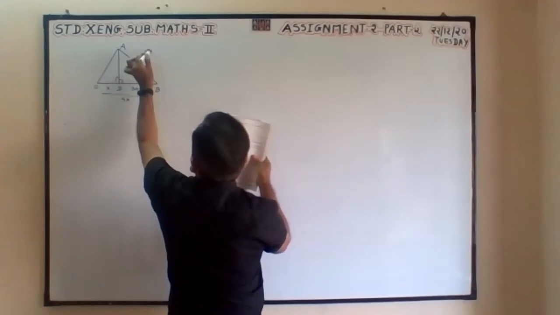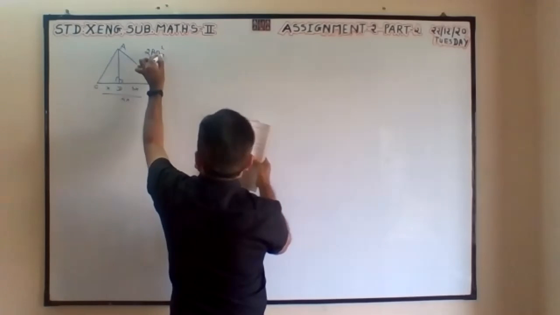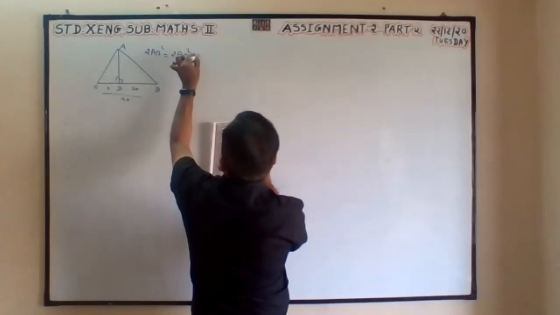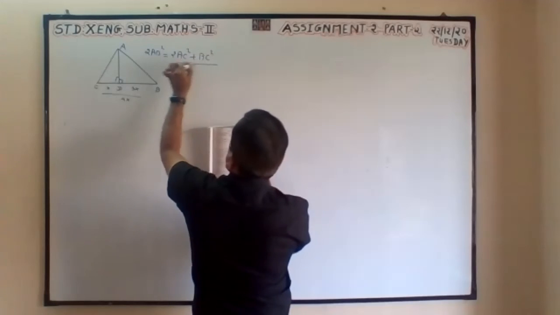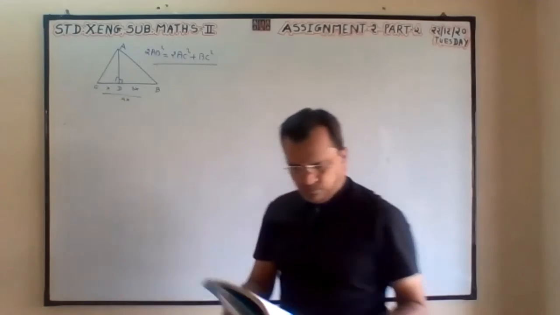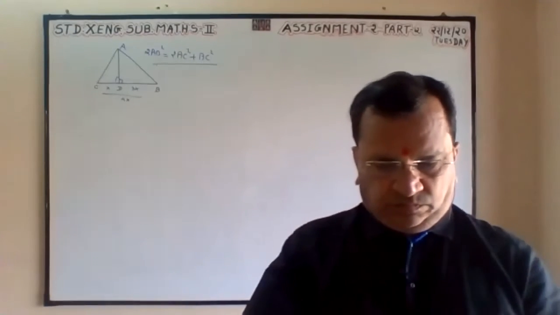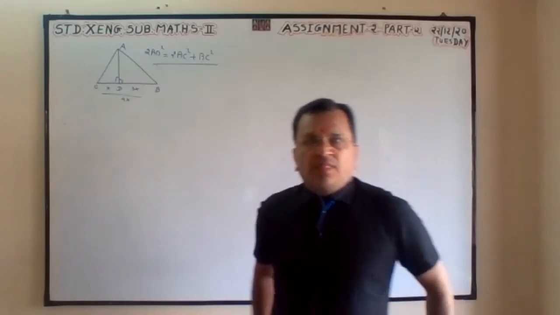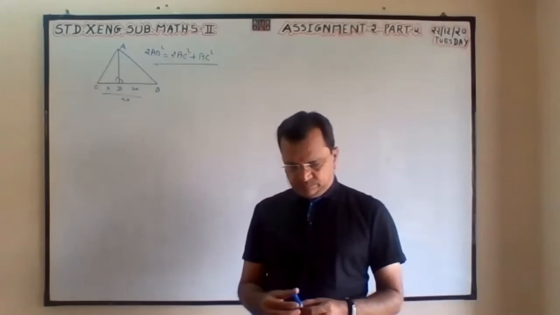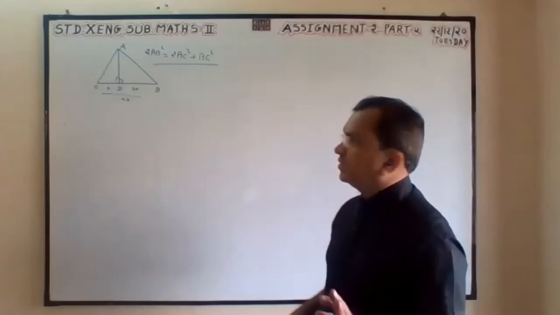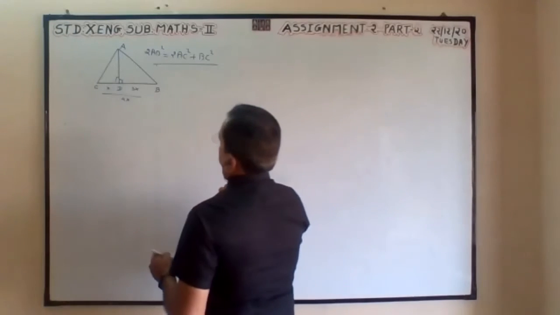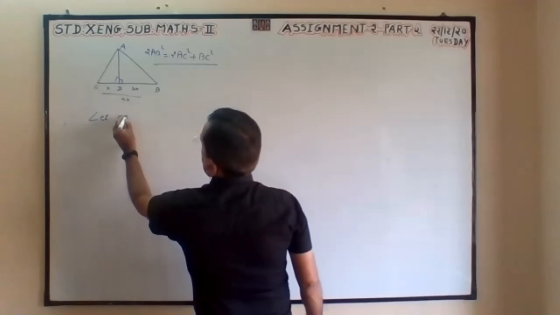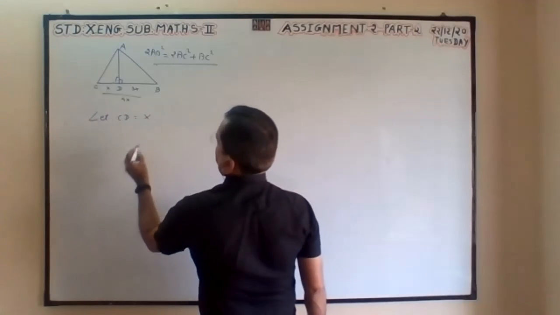To prove: 2AB square equals 2AC square plus BC square. Let CD be equal to x.